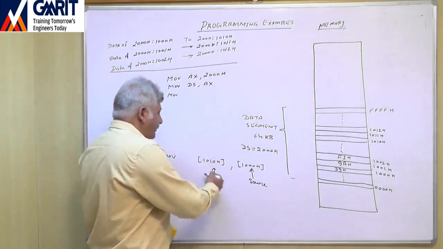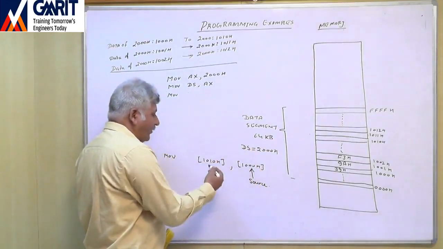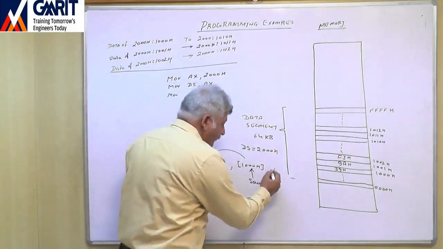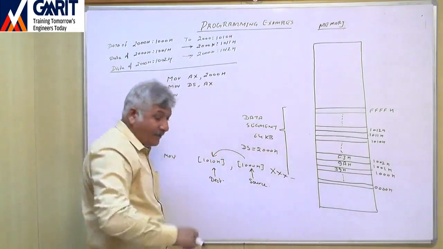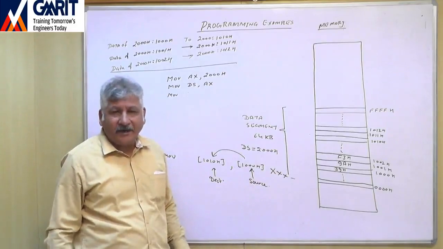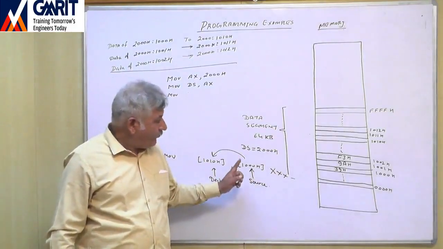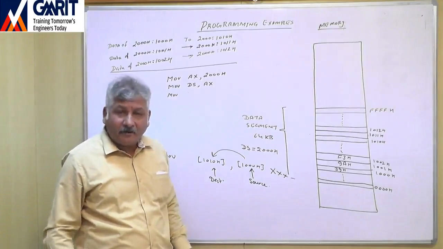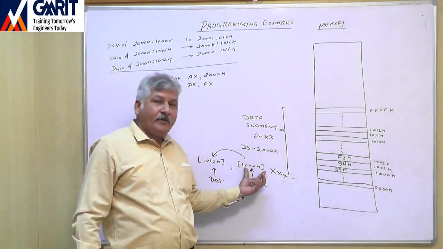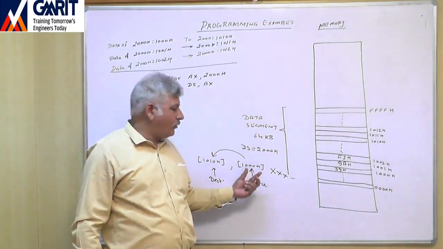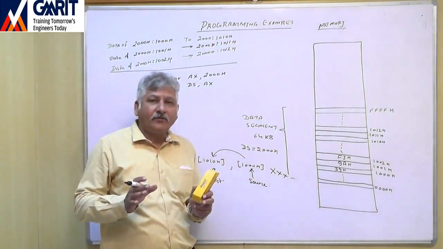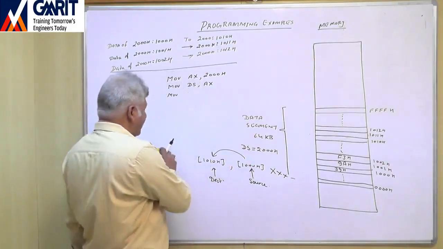In this particular instruction, we want to transfer from memory location to memory location. So this is not possible, right? This instruction is invalid because source and destination both cannot be memory locations in any instruction. Only one of our operands can be the memory location. Either we can use the memory location for our source, or we can use it for destination. For both source and destination, we cannot use the memory. So this instruction is not valid.